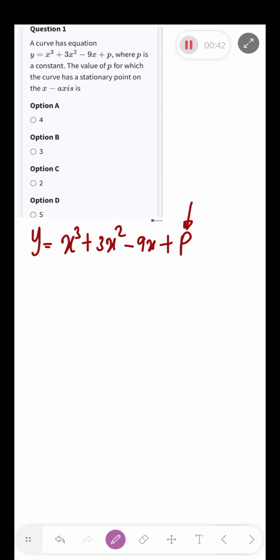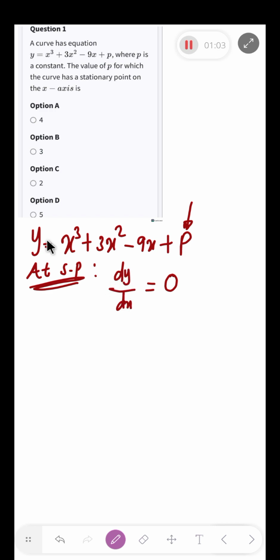The first thing we need to do is, we all believe that at a stationary point, the derivative of y with respect to x is always equal to 0. Now, let's get the stationary points for x.